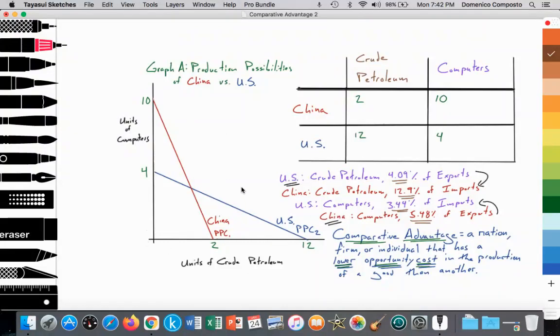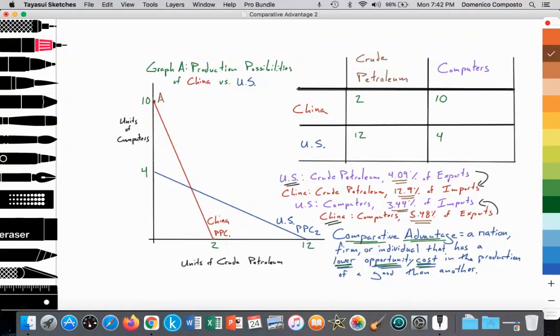By just looking at this PPC curve, we can also visually see which country has the comparative advantage. When we look at China, if they allocate all of their resources at point A towards the production of computers, they can produce 10 units.